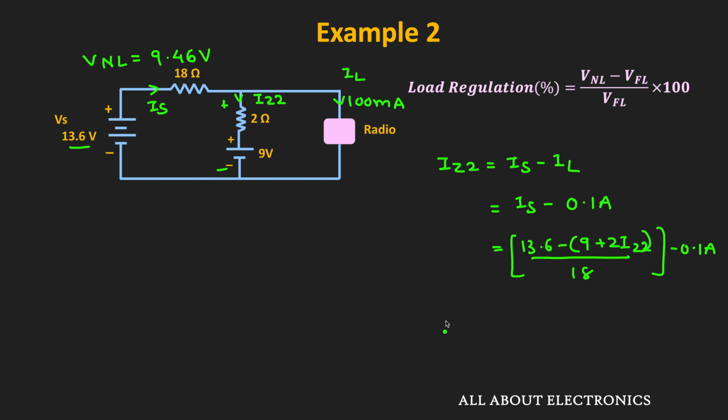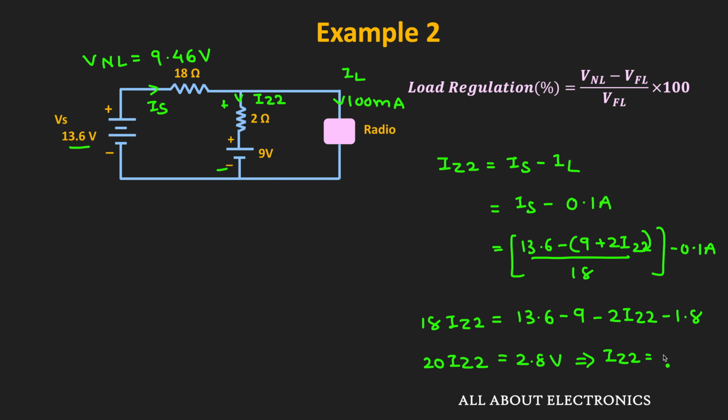So we can say that 18 times Iz2 is equal to 13.6 minus 9 minus 2 times Iz2 minus 1.8 volt. Or we can say that 20 times Iz2 is equal to 2.8 volt. That means here the value of Iz2 is equal to 0.14 ampere.